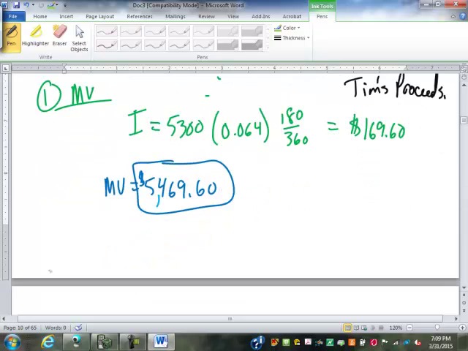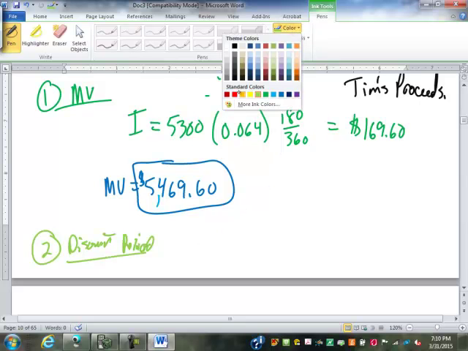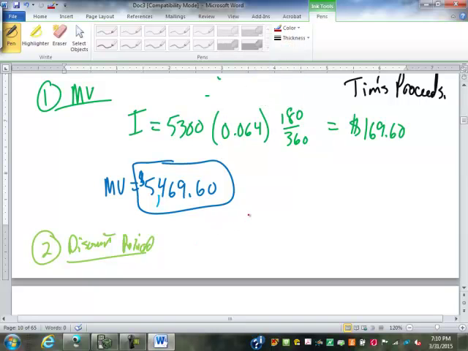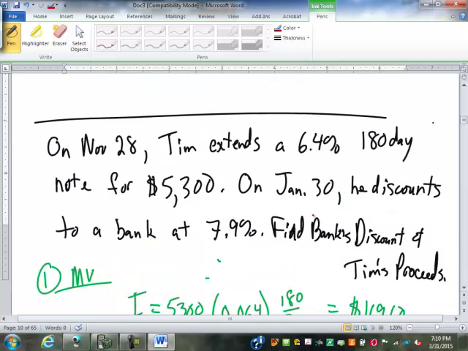Step 2, discount period. So what do we do for the discount period? November 28th is 332. January 30th is 30. But remember, if it ever goes from one year into the next, we've got to do this in a split way.